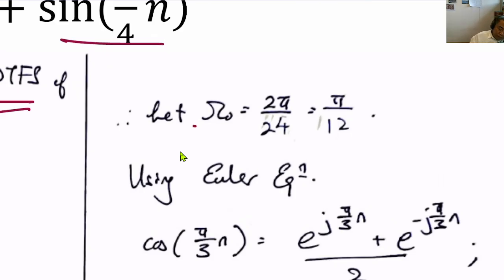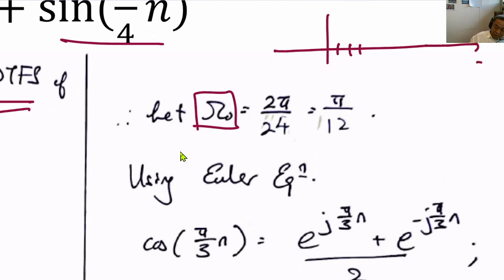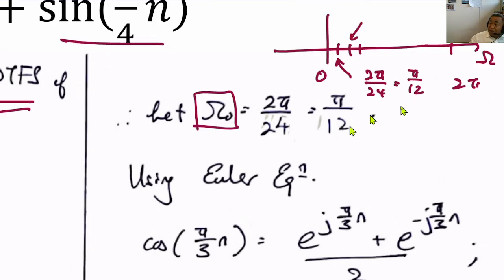So what we are basically going to do is divide this omega from 0 to 2 pi somewhere on the right hand side, and each step we are going to break is 2 pi over 24. So this is pi over 12. So at every interval along the horizontal axis of the DTFS, we're breaking it by pi over 12.